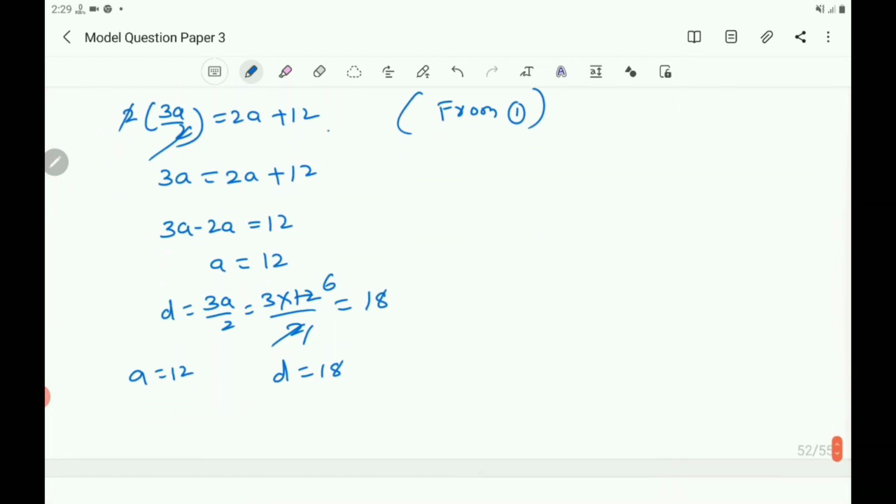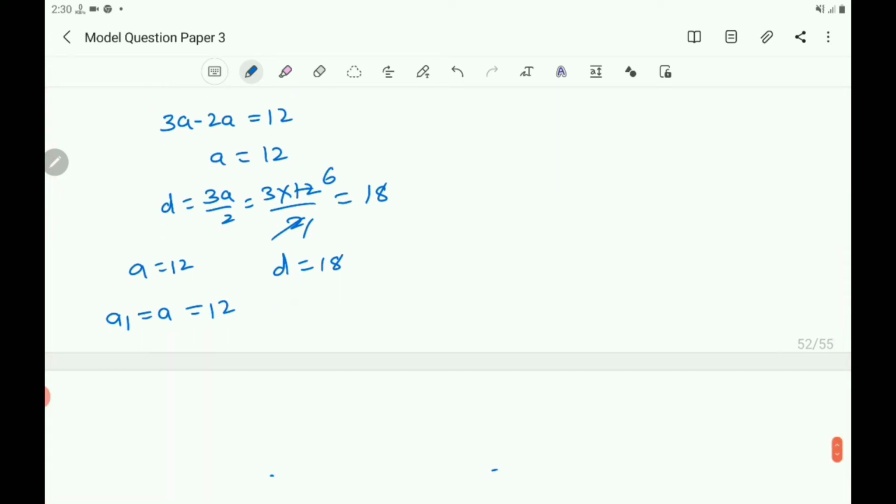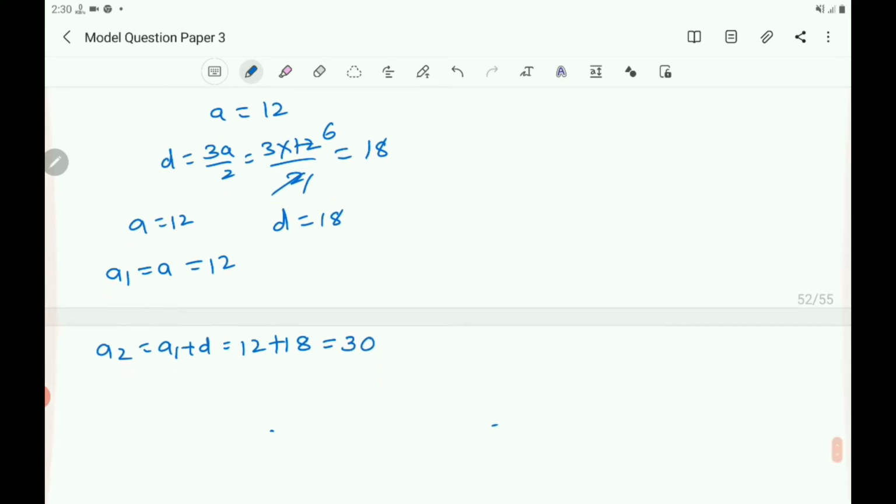Same method you use to find the 4 terms. So you write the first term A1, that is A equals 12. Then A2 is A1 plus D, 12 plus 18, that is 30.